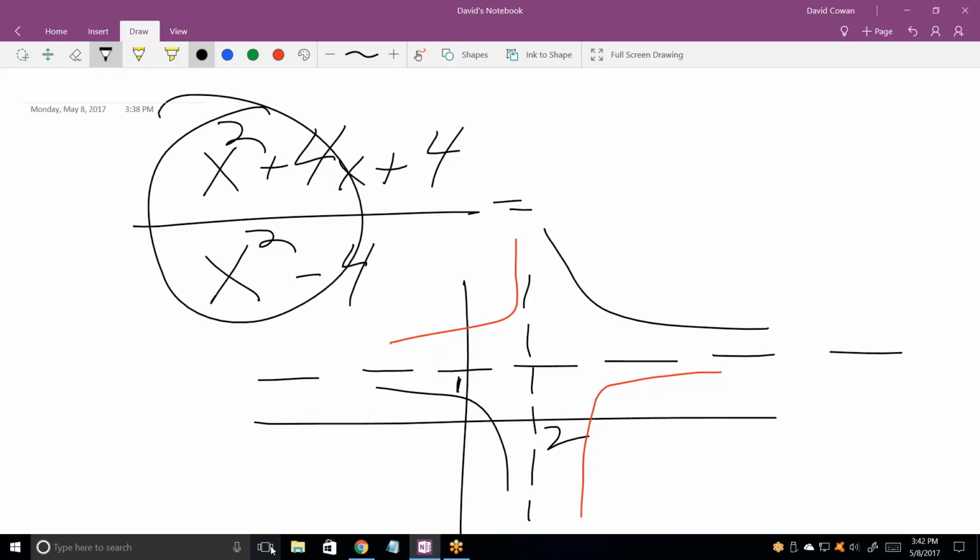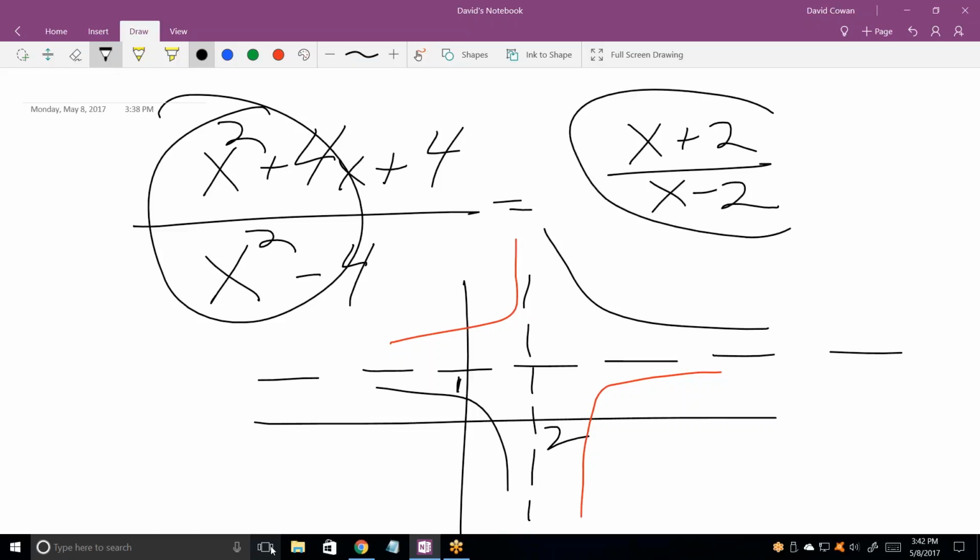Our original function, I believe, was x plus 2 over x minus 2, correct? How can I tell whether it's my black line or my red line? It's the black line because the coefficient a is positive. Not necessarily. The best way to tell, the only way I've ever found to tell, is to plot points.